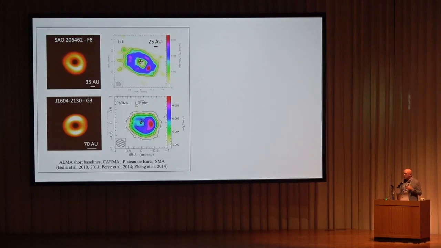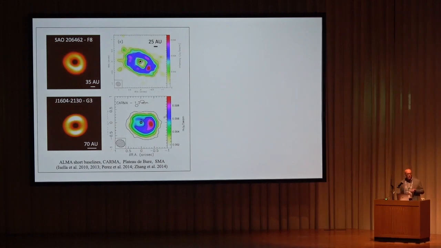I want to start by reminding you where we were during PP6, and that at that time, ALMA long baseline was still not available. However, ALMA was already observing disks and was already delivering some observations of structure in disks. Structures in disks were not discovered by ALMA.